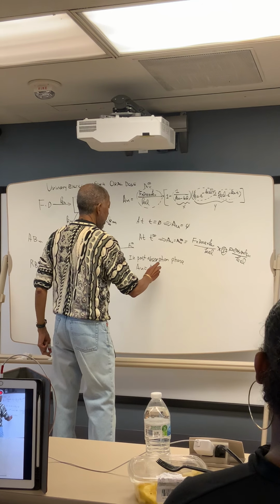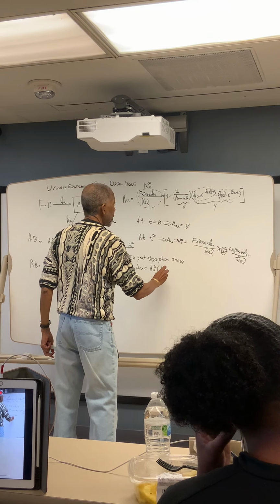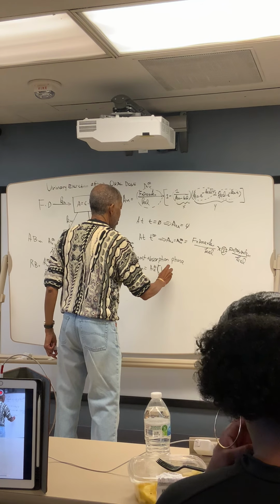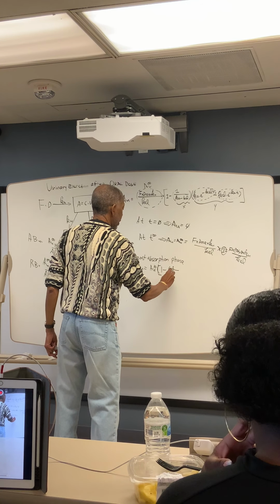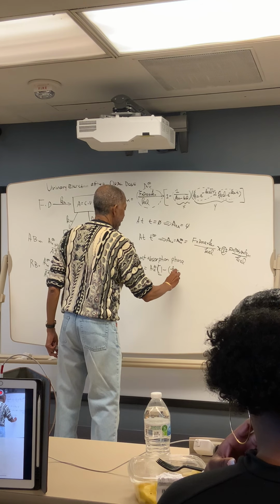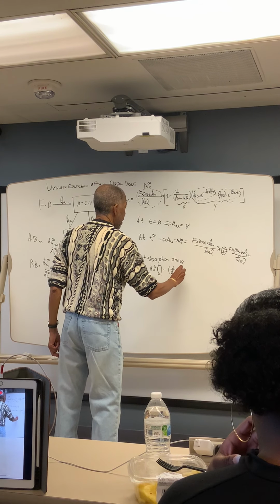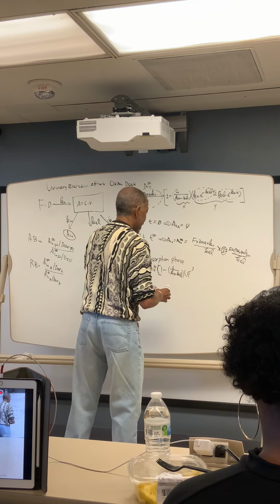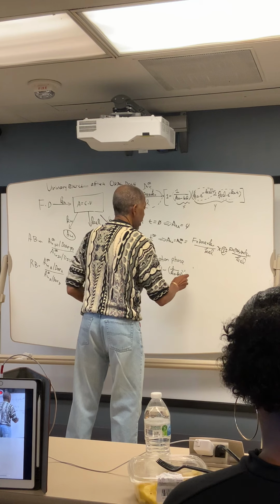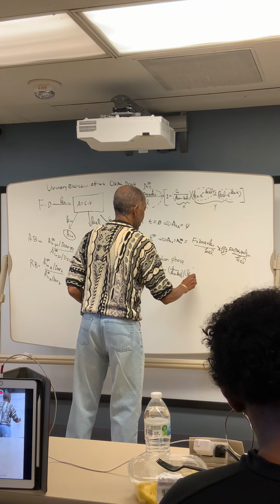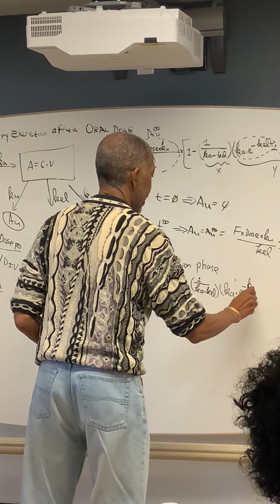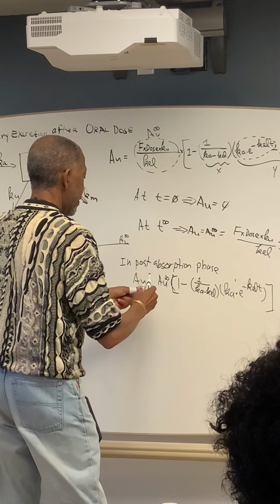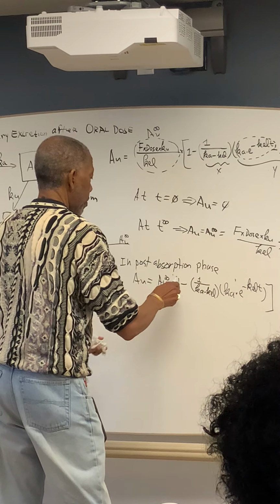AU infinity times 1 minus 1 over Ka minus KEL, times Ka times e to the power of... Is that true? Did I do that right? You said this is post, okay. 1 minus.